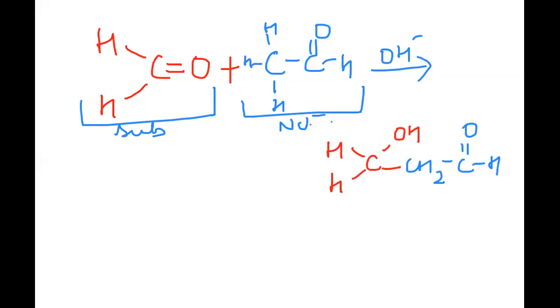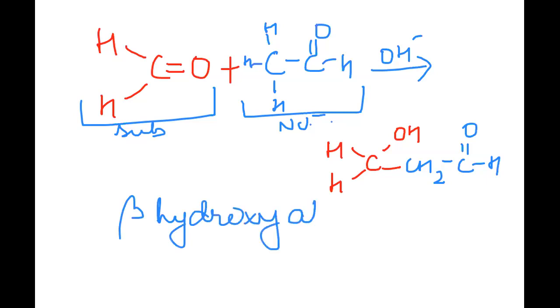So in general, beta hydroxy aldehydes are obtained. So the products of aldol condensations are beta hydroxy aldehydes.